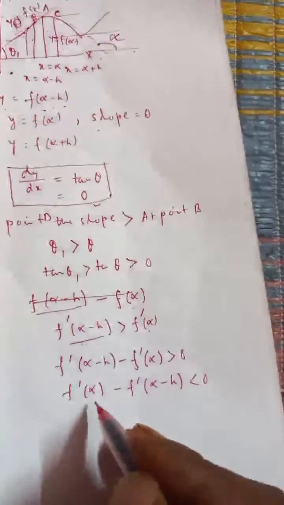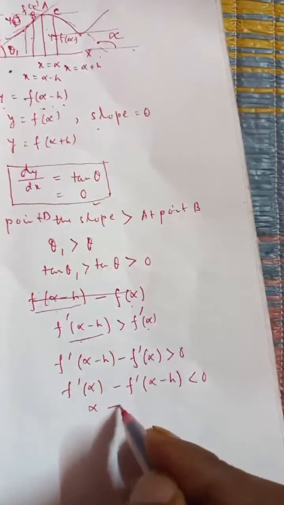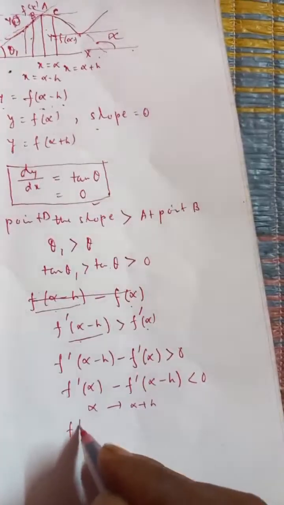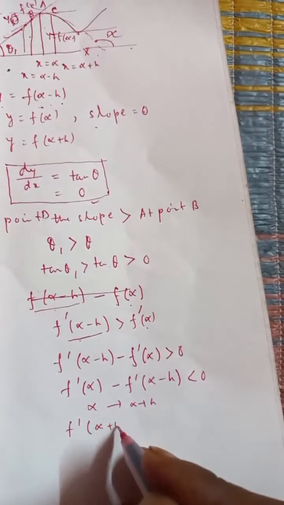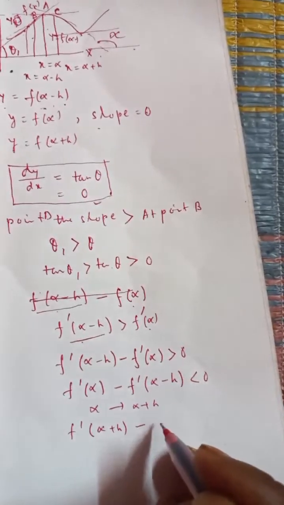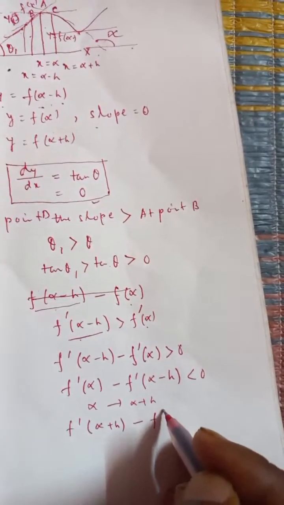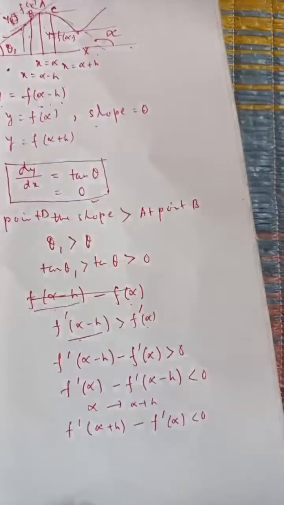And if we replace alpha with alpha plus h, then it will be the first derivative of f(x) at alpha plus h minus the first derivative of f(x) at the point alpha, less than 0.